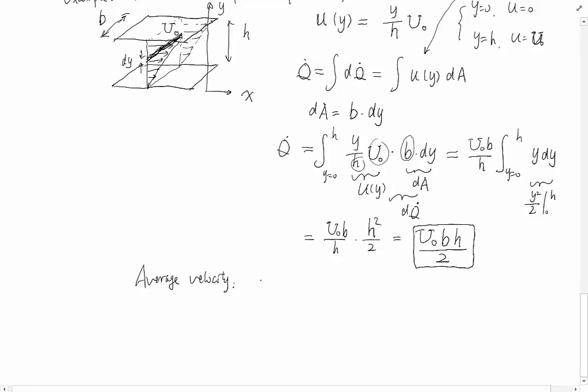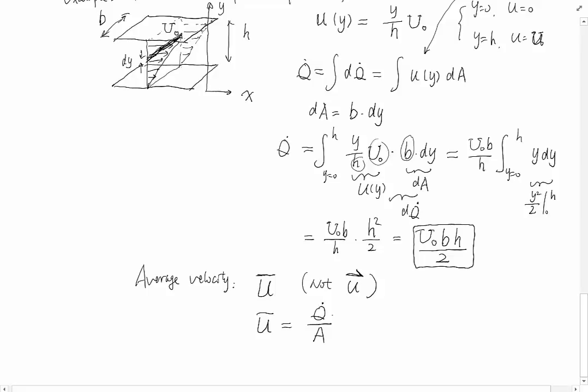Average velocity, let's say u bar. Keep in mind this is different. This is not a vector. In vector here we have a little arrow here, but for bar we just have a straight line. So for U bar, we define that as the flow rate divided by area.